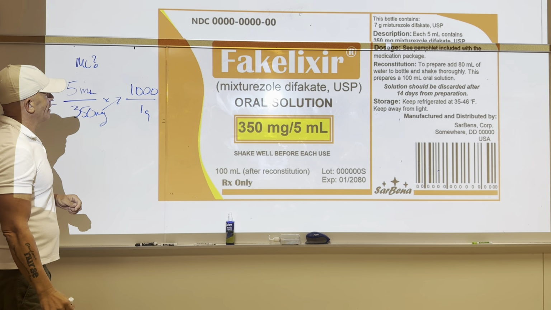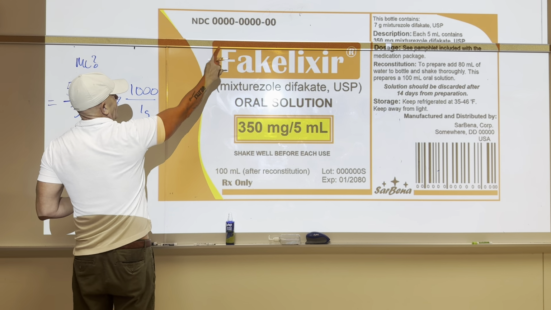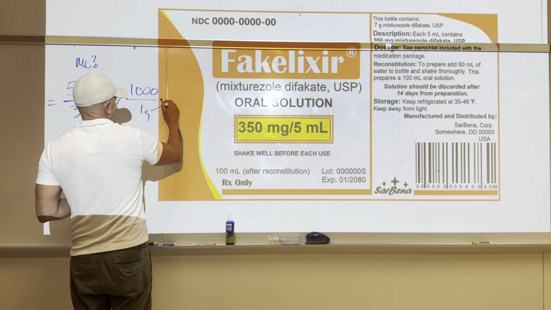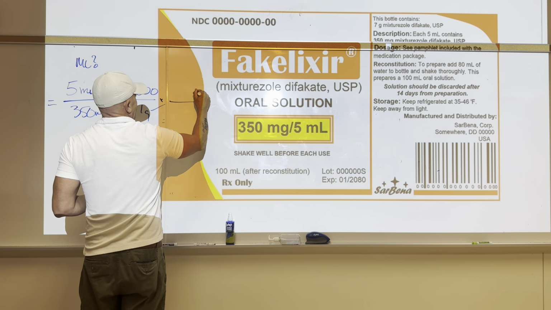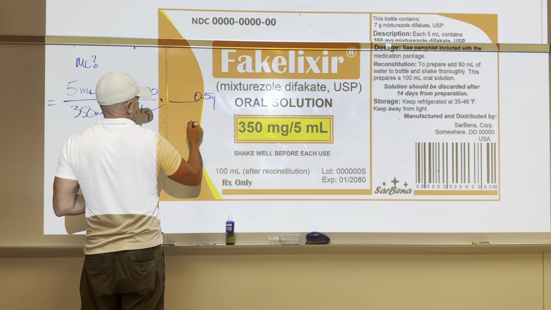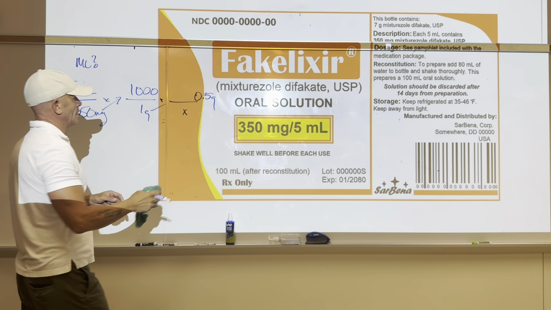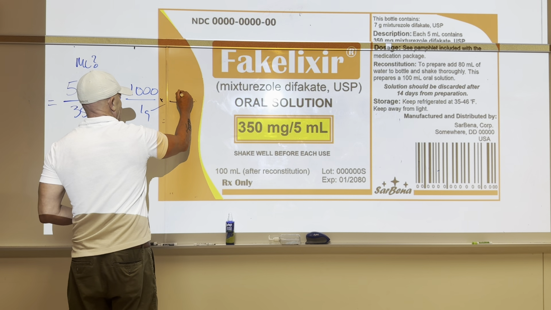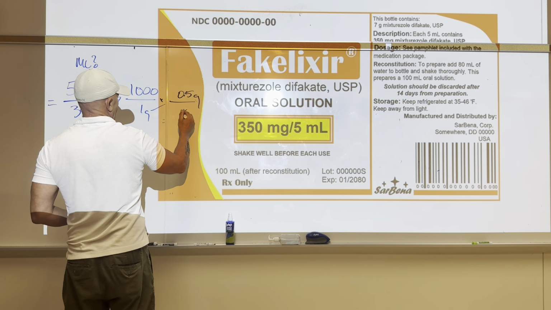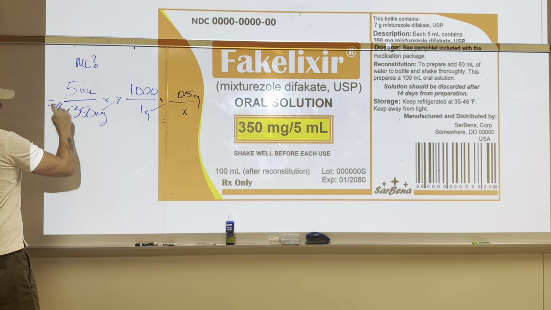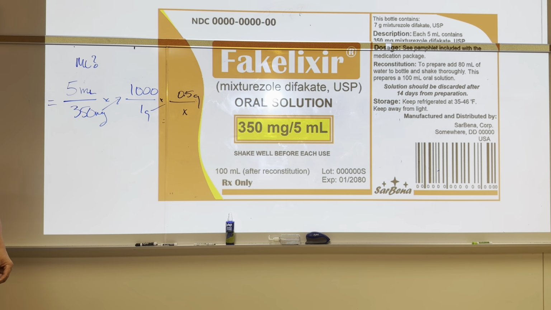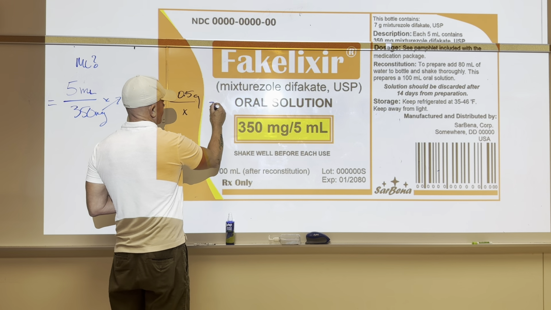Okay? Because we got grams, so we're going to bring up that gram here, because it gives you 0.5 grams over X. 0.5 grams here over X. So we multiply across. 5 times 1,000 is 5,000 times 0.5 equals 2,500.